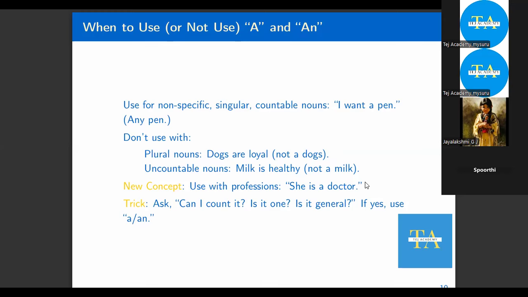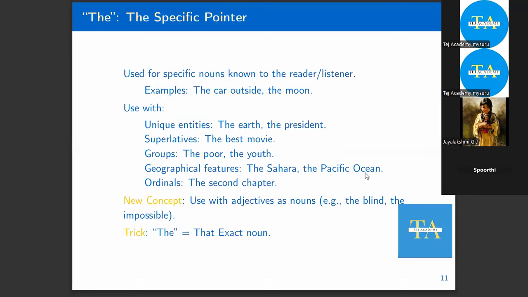So that's the information about usage of a and the. And I think it's better to move to the next page, which we have. Okay, used for specific nouns known to the reader and listener. Here, imagine we are speaking about something that you and I both know, like the car outside, the moon.